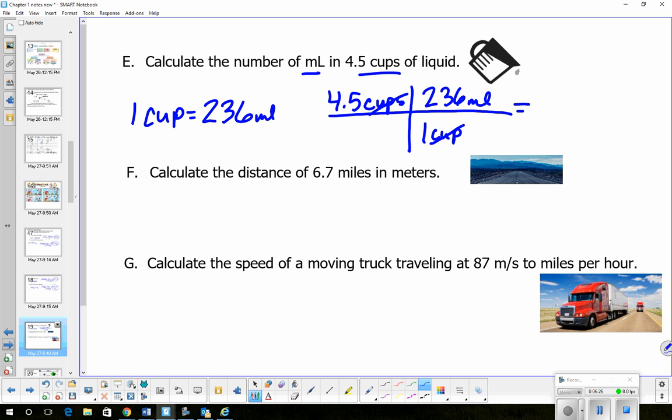You can shorthand cups, so C. So when I'm going from a metric recipe to a non-metric recipe, this is what I would need to do. If I have a European recipe, it's usually in milliliters. What do I get?